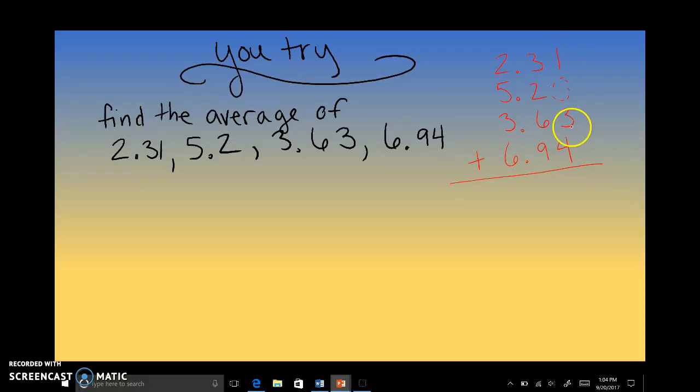So we have 1 plus 3 plus 4 is 8. 3 plus 2 plus 6 plus 9 is 20.